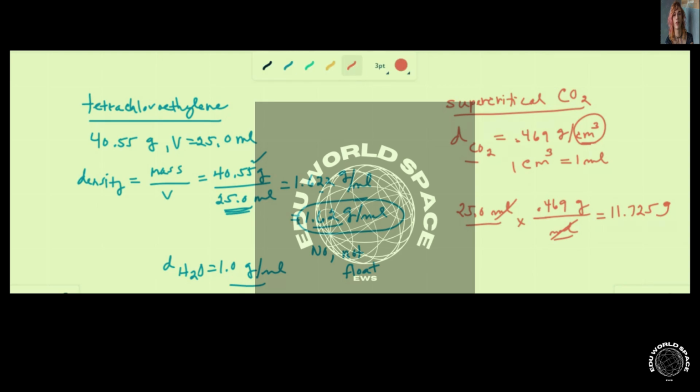So if we take a look at the number of significant figures that we're limited to, it's three significant figures in each part of the calculation. So I'm limited to three significant figures in my final answer. So 11.7 grams would be the mass of the supercritical carbon dioxide based on the information they give me.